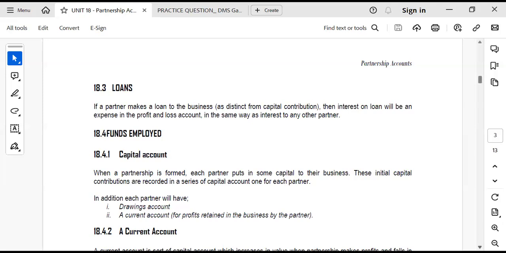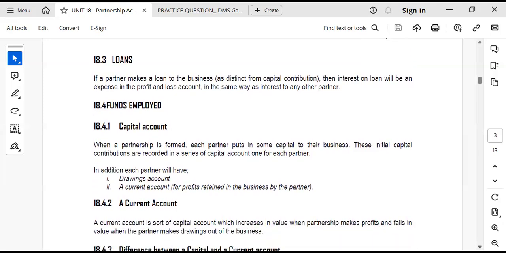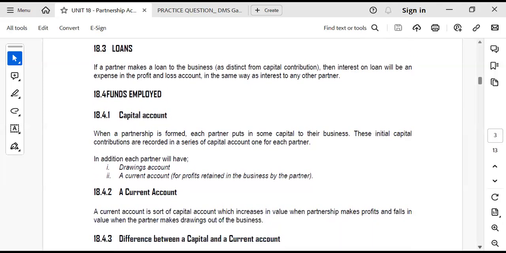In addition to that, we clearly have to show the funds employed, that is the capital that has been invested in the business. I talked about it earlier on, we're just going to elaborate more on it. What we have done with sole proprietorship, we just saw how to get their net profit. We did our manufacturing.